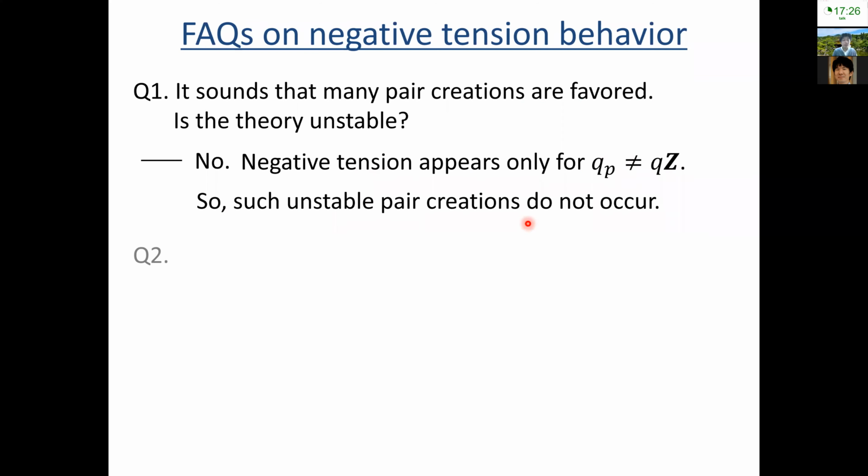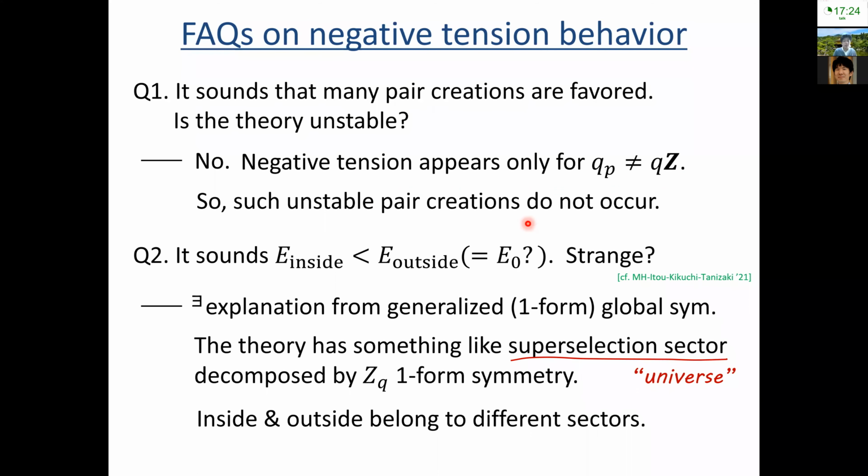And another question is that negative string tension seems to imply that we have a lower energy inside the probes than energy outside. And energy outside is the energy when we don't have probes, and it looks like the ground state energy. So it seems that we have a lower energy than the ground state energy.